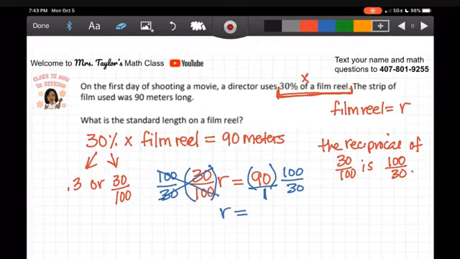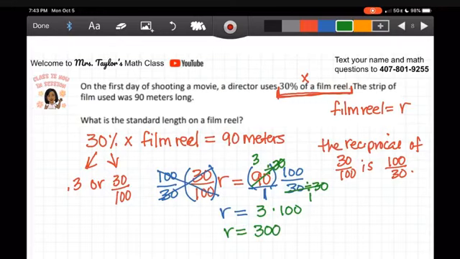I know it's a lot of colors on here now, but I want you to see what I'm doing. Okay? So 90 divided by 30 is going to get me 3. And 30 divided by 30 is going to get me 1. So now I'm left with 3 times 100, or I could say R is equal to 300.